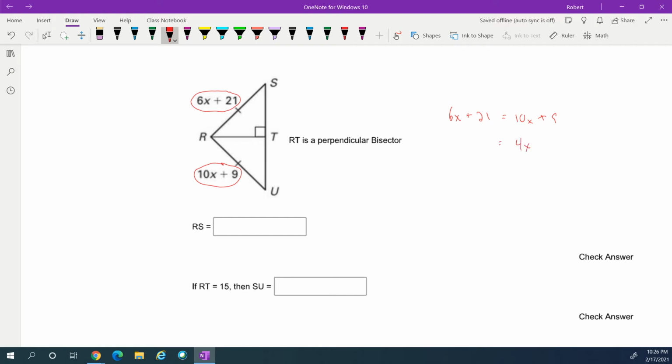That's 4x, 12 equals 4x, so x equals 3. And we were asked for RS. So 6 times 3 plus 21. That's 18 plus 21 for 39.